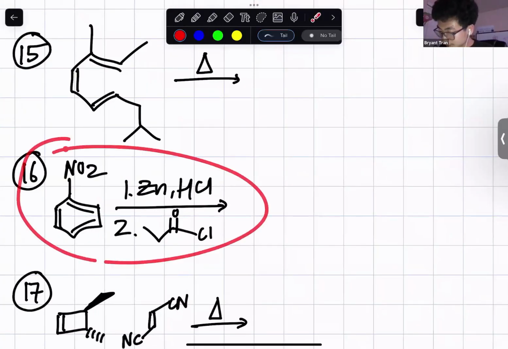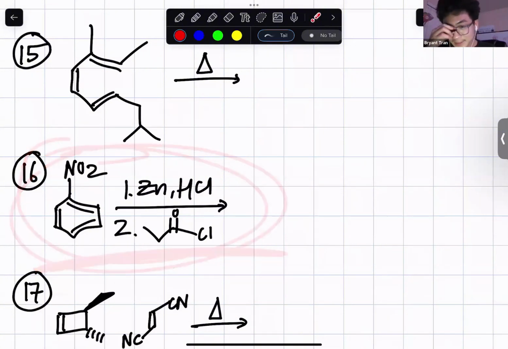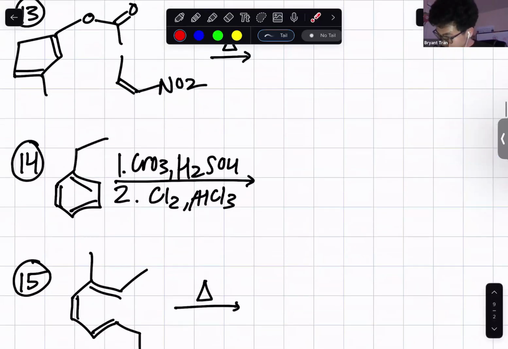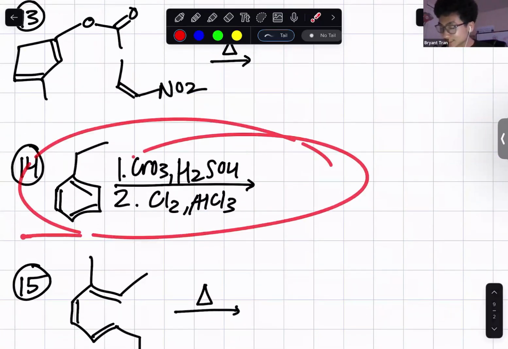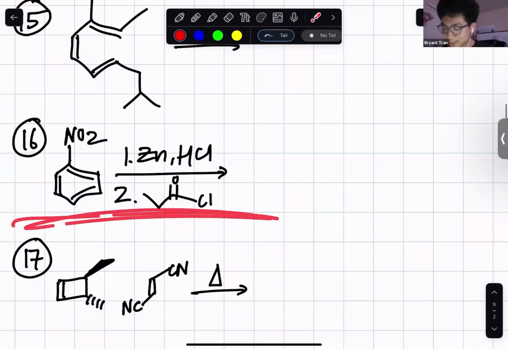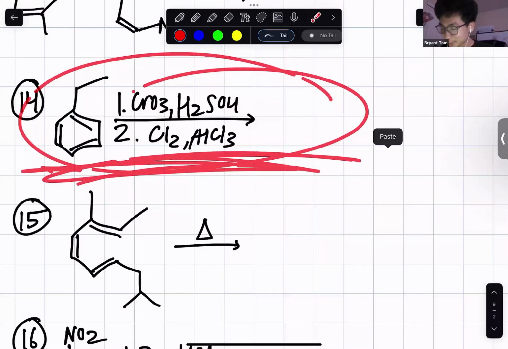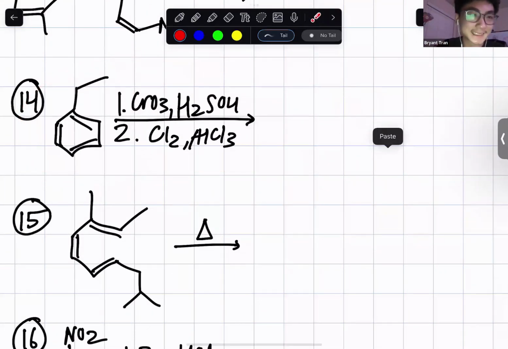Yes, so I'm gonna go over number 16 after I go over the benzene substituent reactions before we do synthesis. Right, number 16 is gonna help with that. So I'll go over number 16 after. Oh, number 14, same as well. Number 14 and 16 are gonna be about the benzene synthesis. So these are gonna be the warm-up for the synthesis problems that we're about to do.